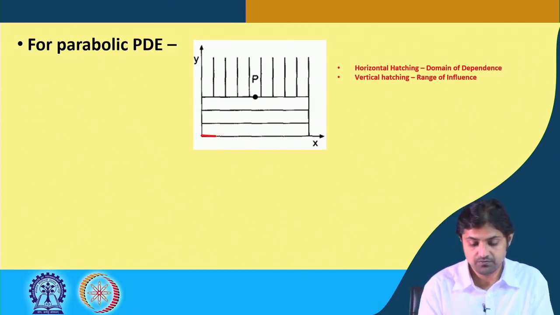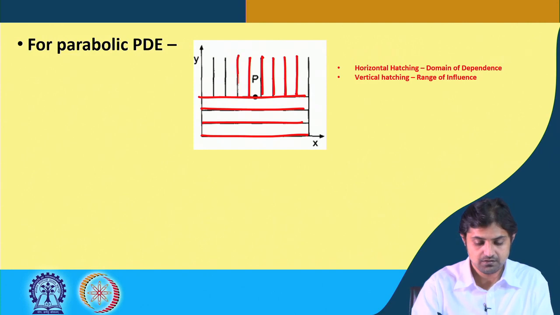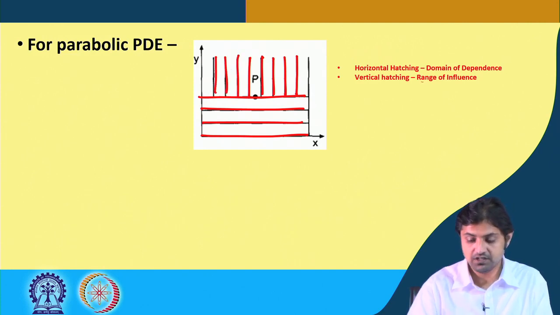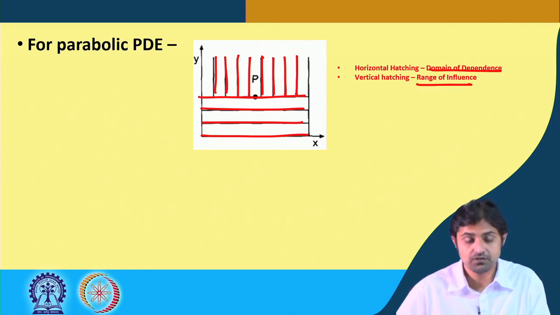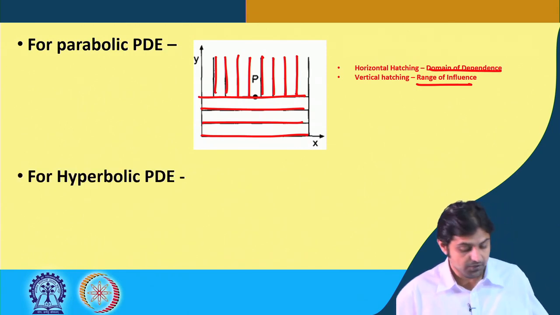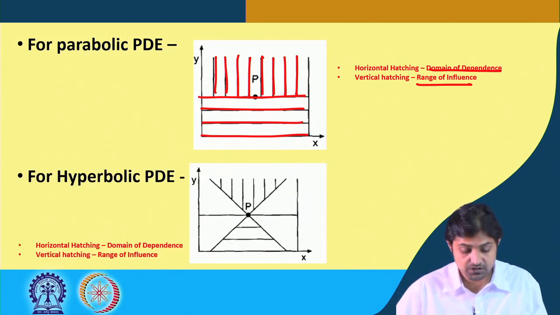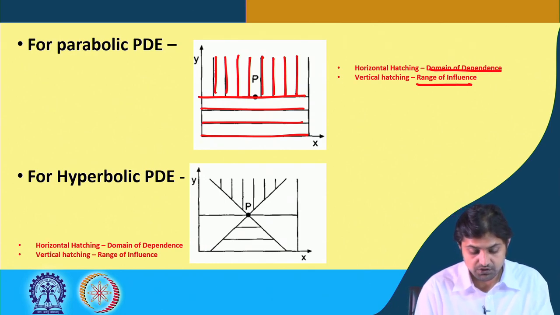So, horizontal hatching, whereas the vertical hatching, like these ones, these are the range of influence. Okay. For a hyperbolic partial differential equation, the horizontal hatching shows the domain of dependence, this one, whereas the vertical hatching shows the range of influence.